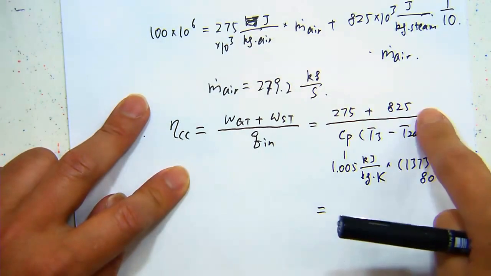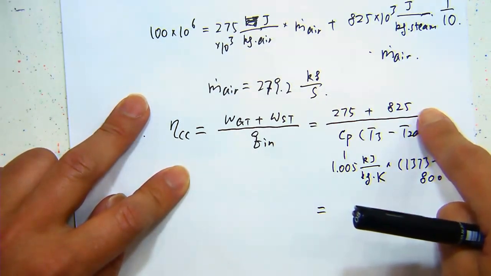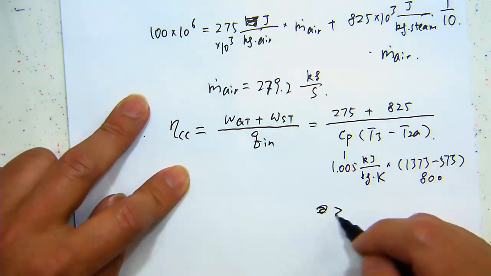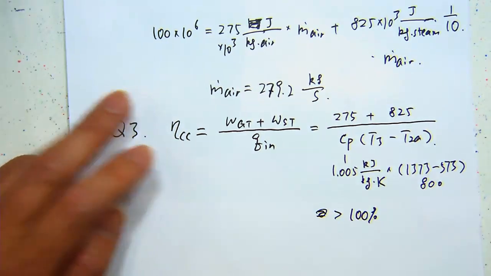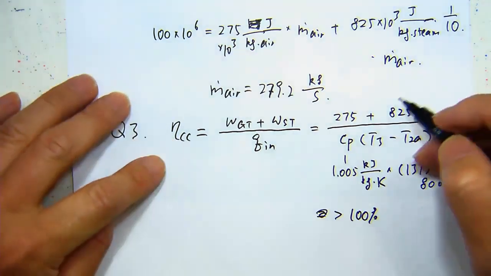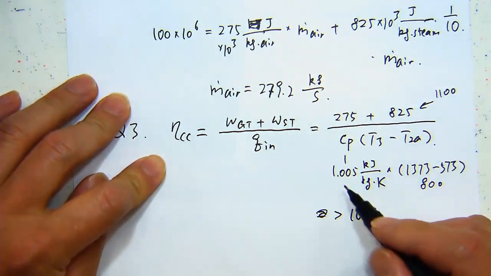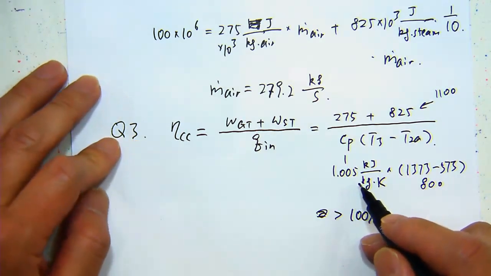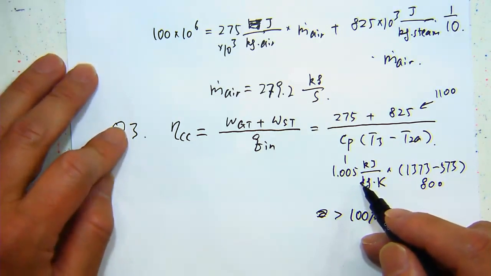So these two add up to be 1100, divided by 800. So I got something over 100. If you add these two, that's 1100, right? And this is 800 times 1, right? So that's 800. Did I do something not right?